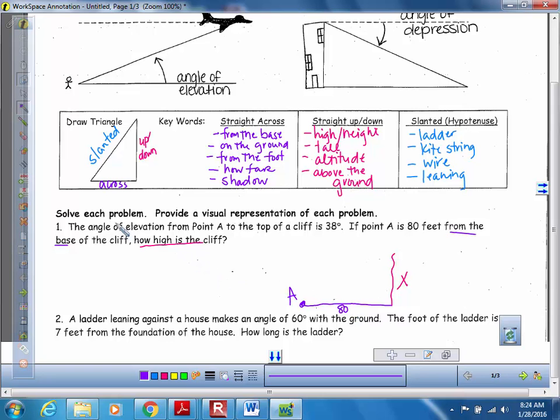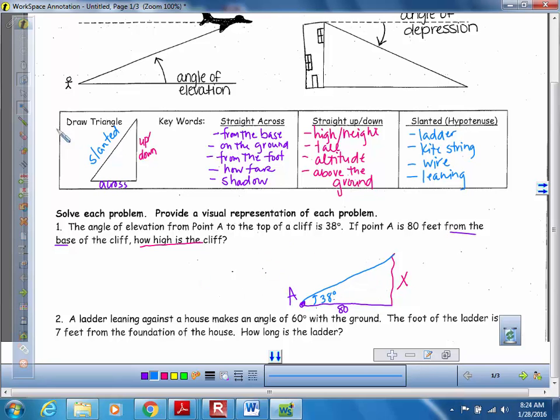And then it tells me the angle of elevation from point A. So we know that elevation is going up. So if we're looking from point A up to the top of the cliff, from here up till we reach the top, that would be 38 degrees. Now, we're going to use our trig functions on these.